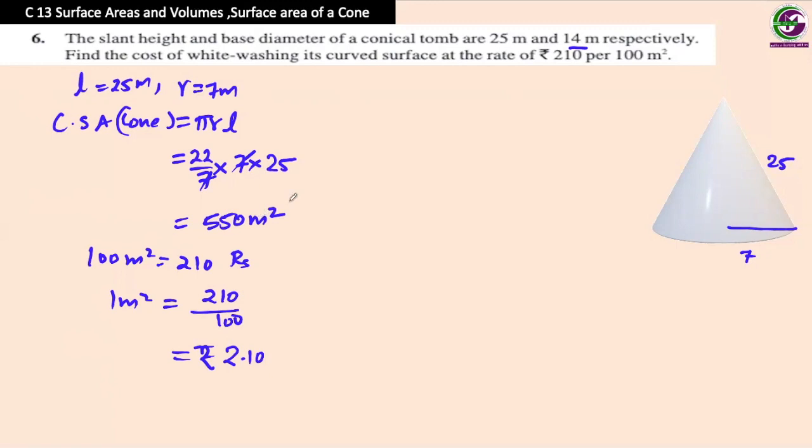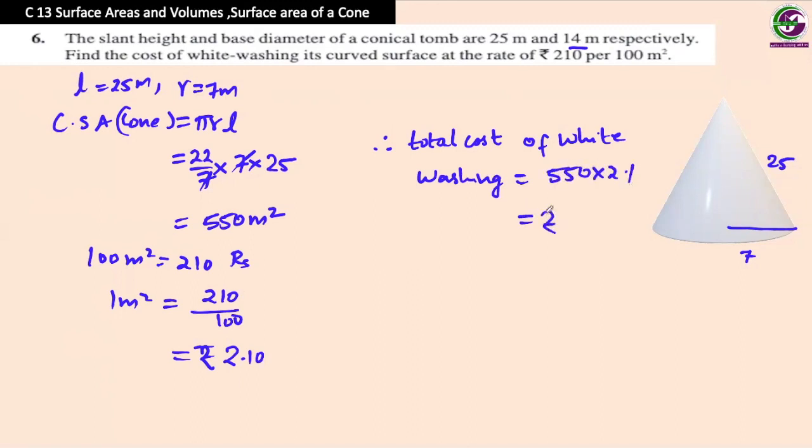Therefore, for 550 meter square, total cost of whitewashing is equal to 550 multiplied by 2.1, which is equal to rupees 1,155.